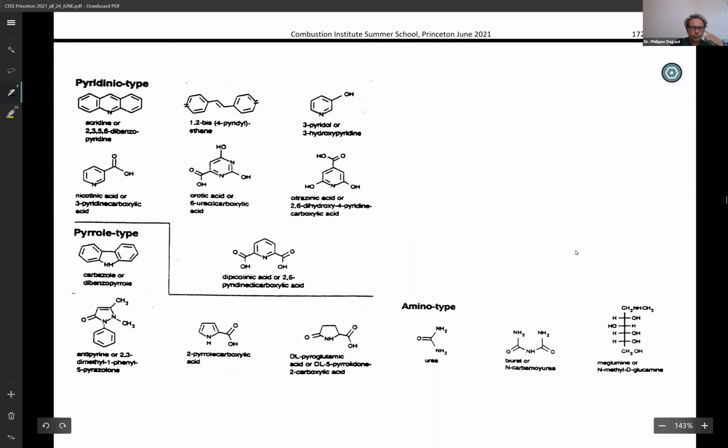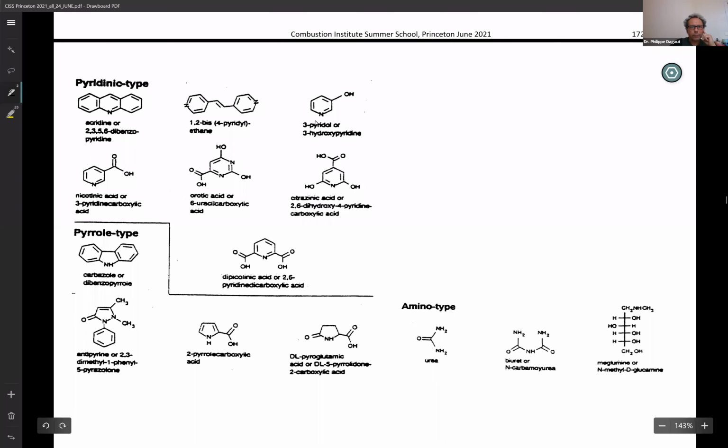So the kind of structures that you can find in this type of fuels are presented here. So aromatic rings with a nitrogen atom here, aromatic rings connected by a carbon chain, and these two nitrogen here.